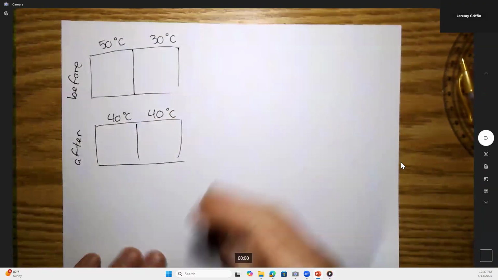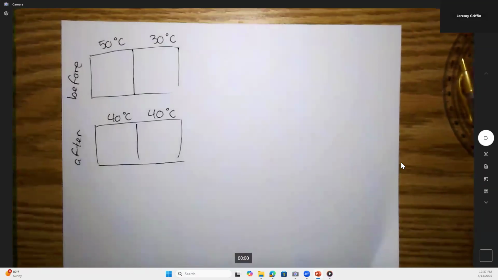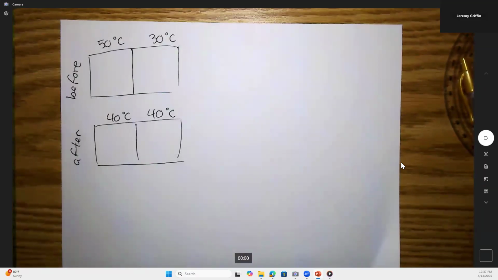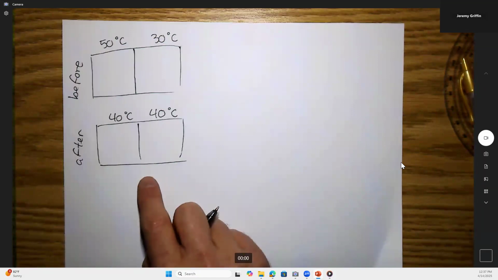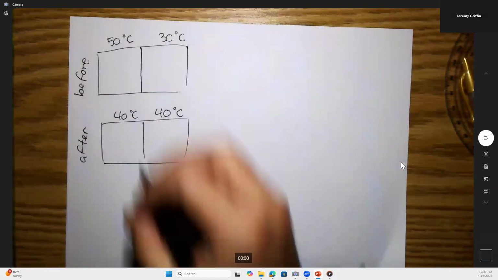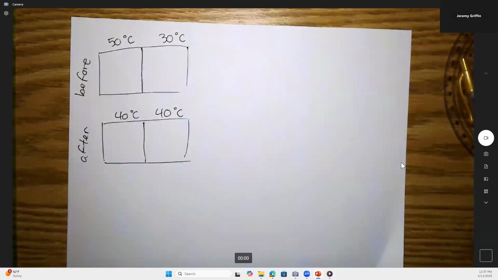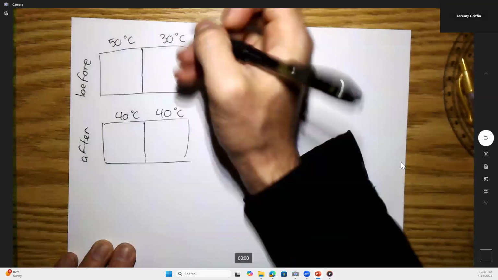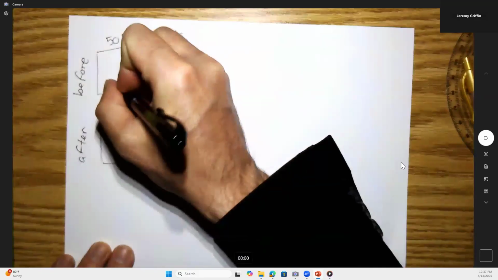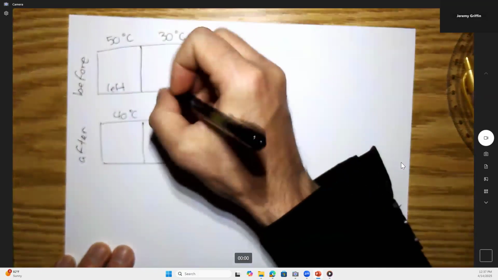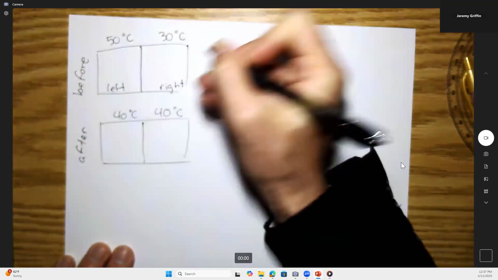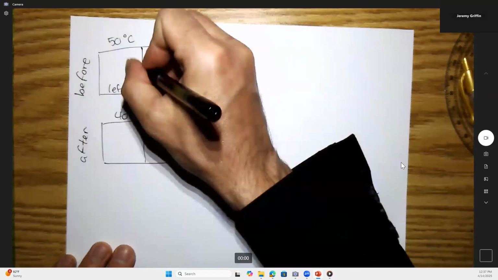Right. Or if they were different masses or different materials, it'd be somewhere in the middle, maybe 32 degrees or 45 degrees, but it'd be somewhere in the middle. Right? Okay. Now, once they reach thermal equilibrium, doesn't the process of heat transfer just come to a stop? Okay. So that's right there. I'll call this the left box and the right box, or aquarium or sink, those are all terms that are used.